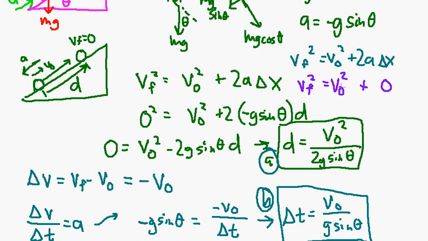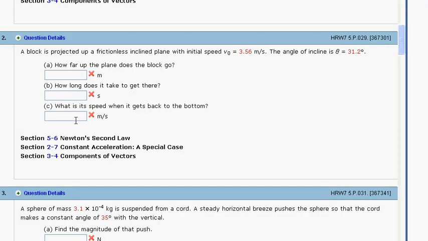V final squared is v initial squared, but Vf is actually downhill, so Vf for velocity is negative v naught. But what they ask for is the speed when it gets back to the bottom, which is just going to be the same as this. The answer really is just positive because speed is a magnitude. Okay, so I'll move on to 3 in a second.